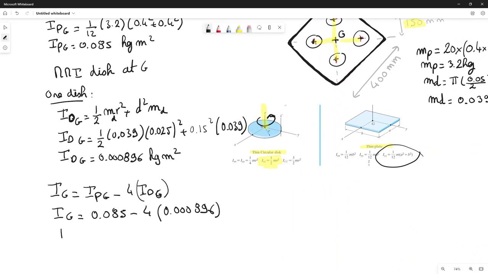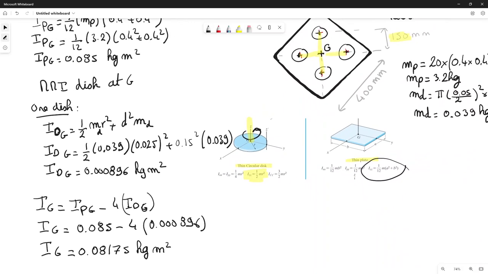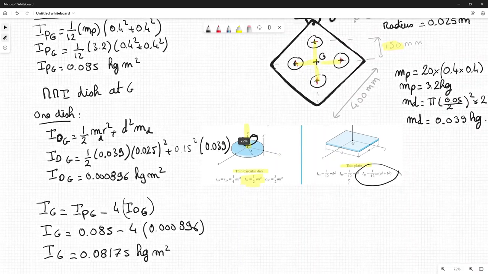That gives us an I at G equal to 0.08175 kilogram meter squared, and that's the exact number, I think. Are we done? Not exactly, because what we want is the I at O.